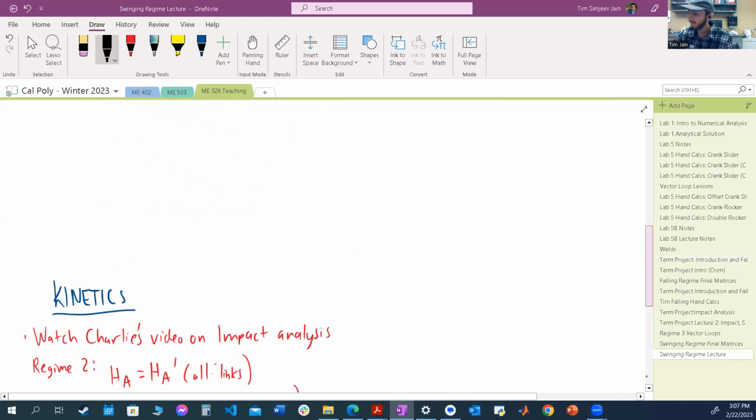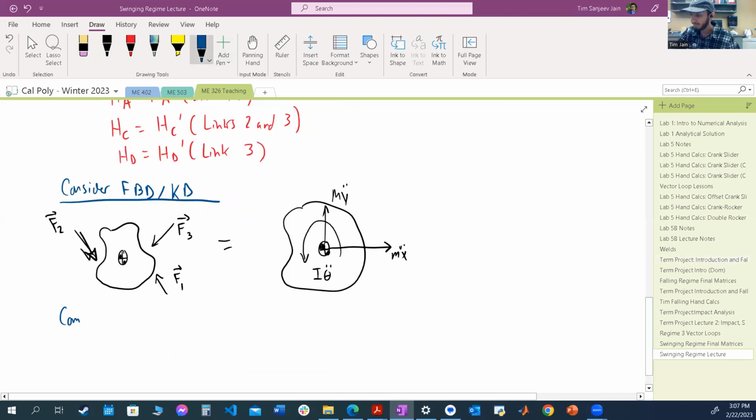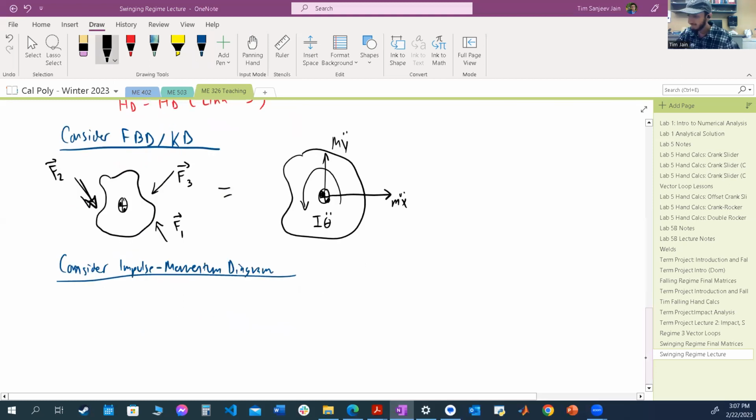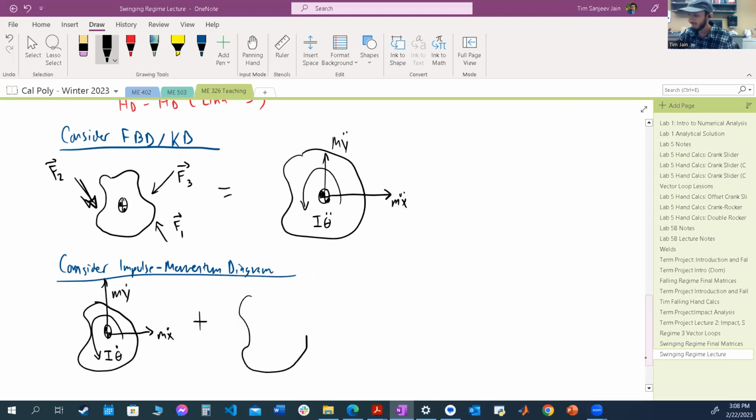Now let's consider an impulse momentum diagram. That's going to look something like this. We have the before condition, so that is M y dot, M x dot, I theta dot, plus the impulse term.